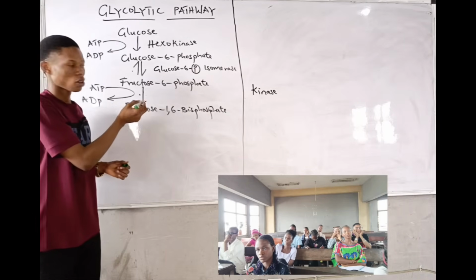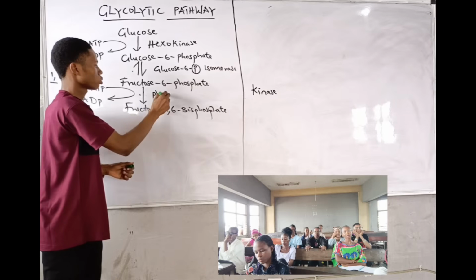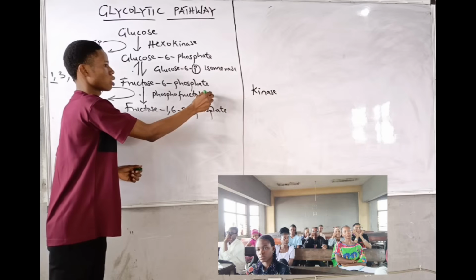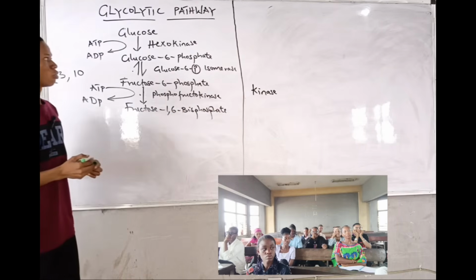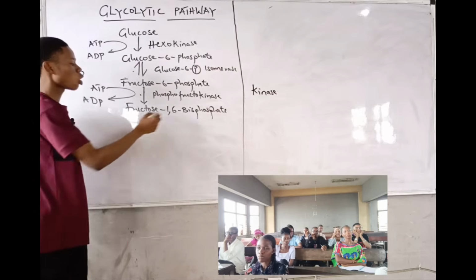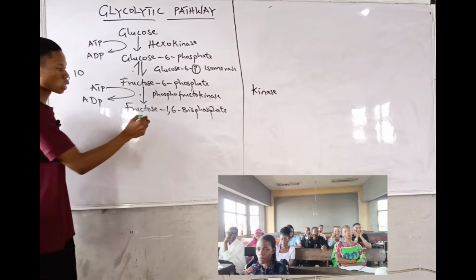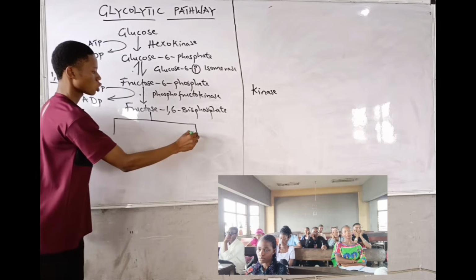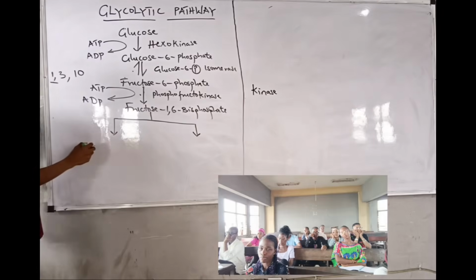Phosphofructokinase, right? Phosphofructokinase becomes the name of the enzyme. The next step, we said after this long name fructose 1,6-bisphosphate, there will be a what? Cleavage. So this will split into what and what?